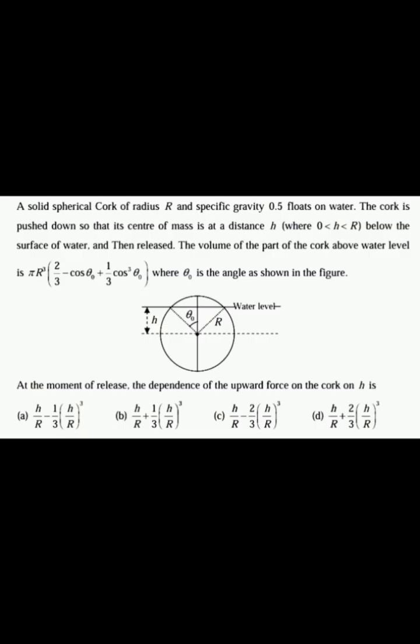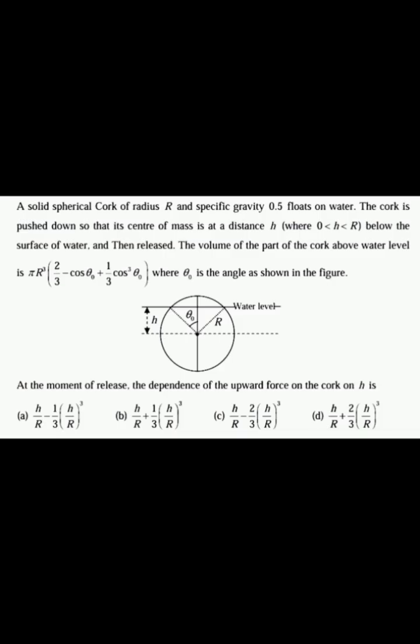Next question is, a solid spherical cork of radius r and specific gravity 0.5 floats on water. The cork is pushed down so that its center of mass is at distance h below the surface of water and then released. The volume of the part of cork above water level is pi r cube into 2 by 3 minus cos theta 0 plus 1 by 3 cos cube theta 0, where theta 0 is the angle as shown in the figure.